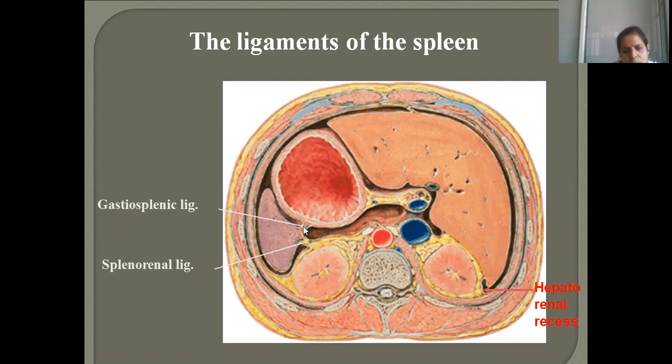Then the connection between the spleen and the left kidney, we call it splenorenal, also called lienorenal. Lienorenal or splenorenal, anything can be given in your book. Okay. Understood? Yes, ma'am.